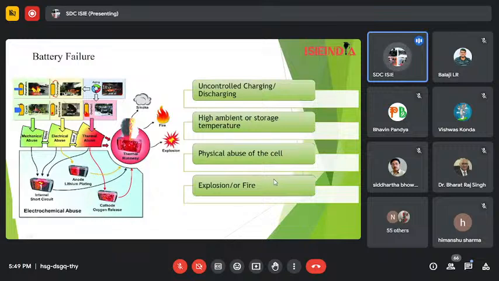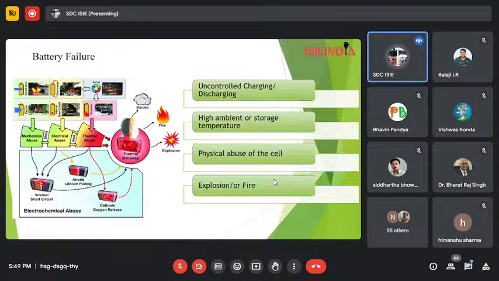So you can see here mechanical abuse, electrical abuse, and thermal abuse, which will cause thermal runaway, which will cause smoke, fire, explosion due to the internal short circuit, anode lithium plating, and cathode oxygen release, right? So see what's happened here. What is mechanical abuse?